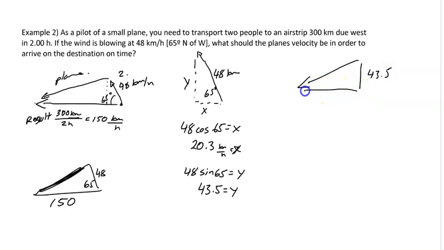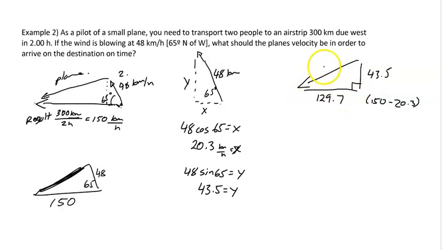The y component is 150 kilometers per hour minus the 20.3, because that's already part of what the wind is actually carrying us. And so this here is going to be 129.7. And again, we get that from taking the 150 minus the 20.3.